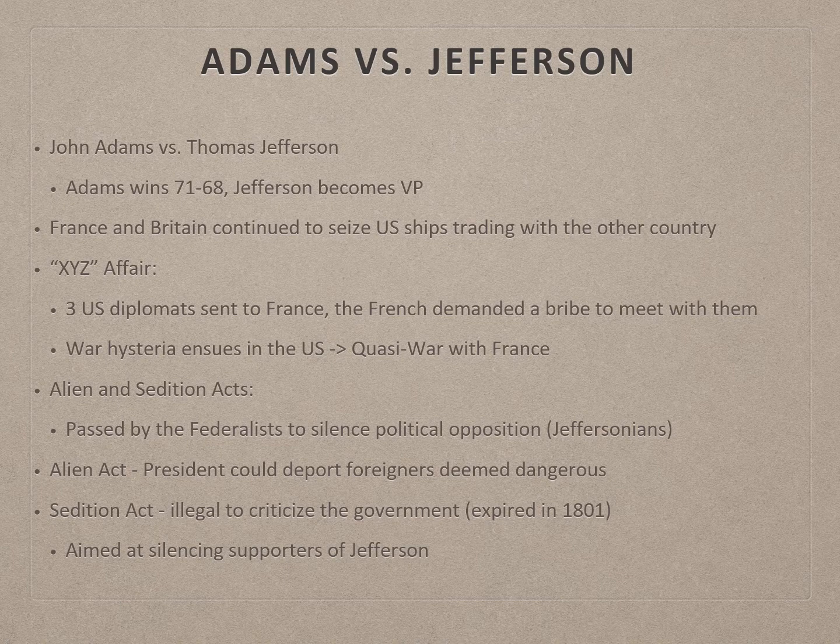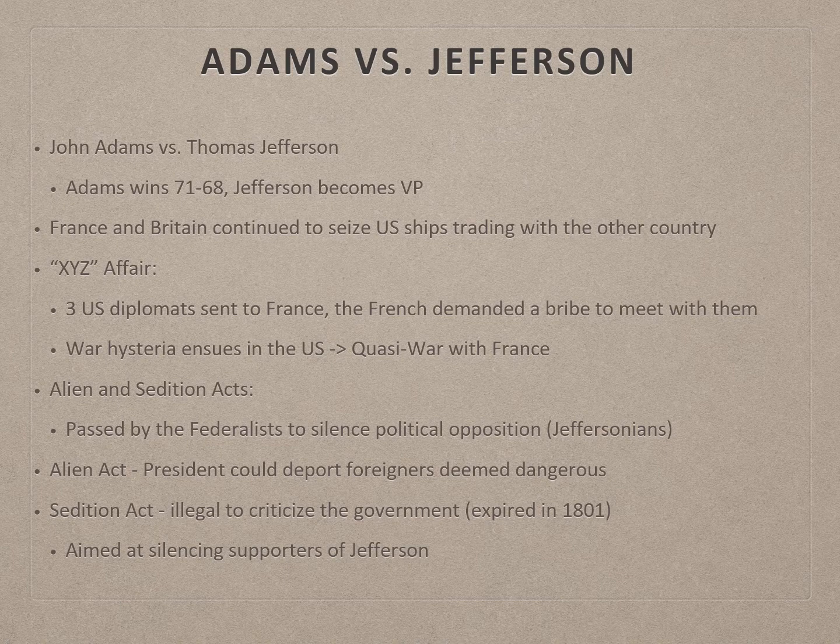So John Adams is president in 1796, and Jefferson is vice president right underneath him. Over the course of the next 4 years, things between the two are going to start to get more and more awkward. And Adams starts passing these laws that are not popular with Jefferson.